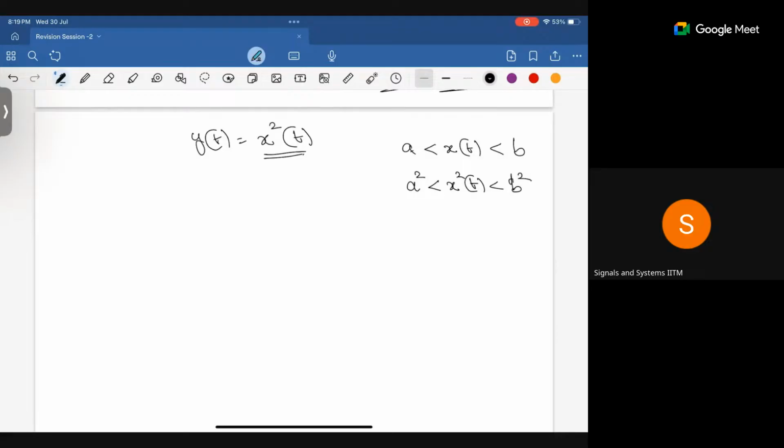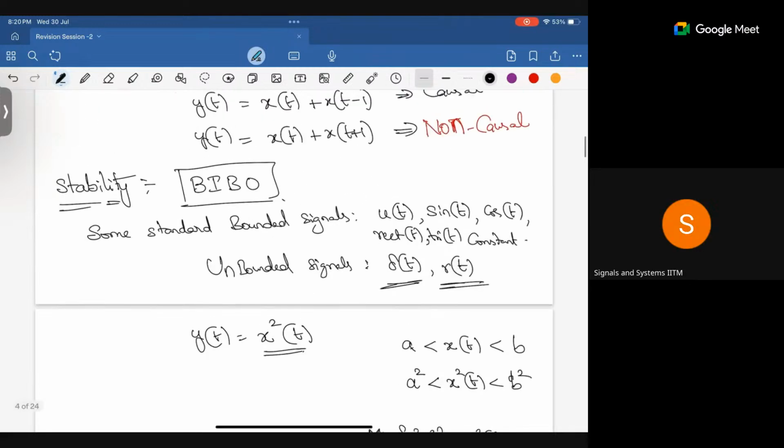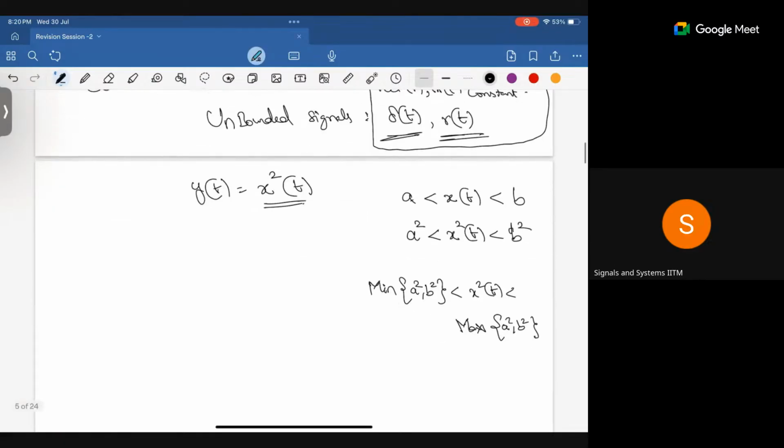So it will lie like this: min of a square, b square less than x square of t less than max of a square, b square. Okay, but still it will be bounded. Okay, sir. Okay, yeah. So we can use these standard bounded signals and unbounded signals to check whether the given system is stable or not. So we'll see the examples also. Okay, something like this we can check easily.